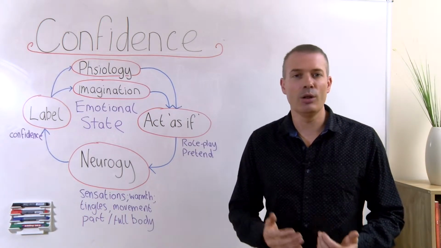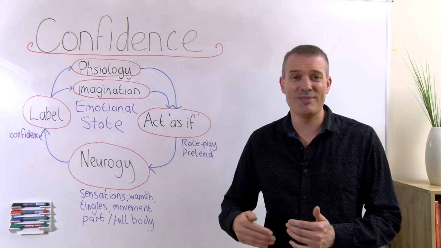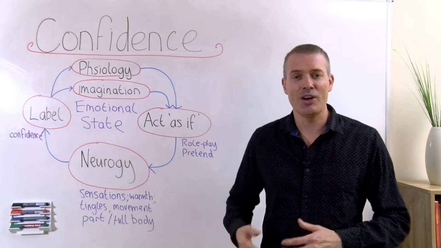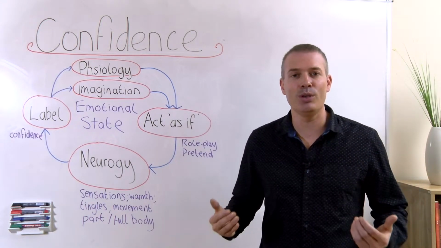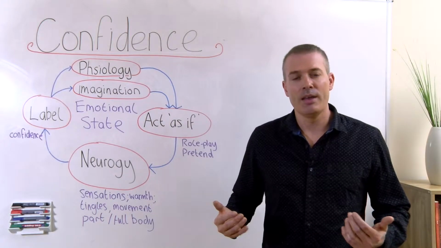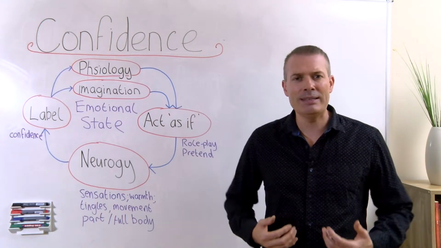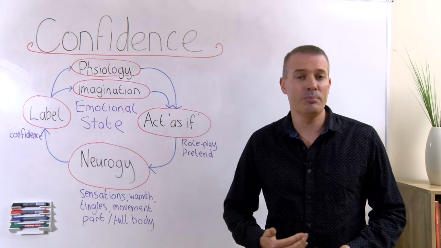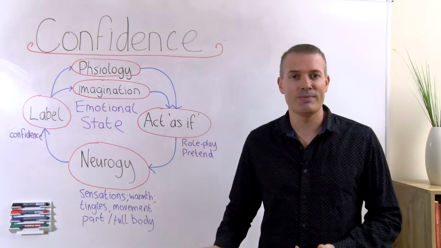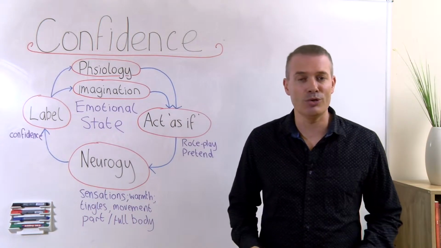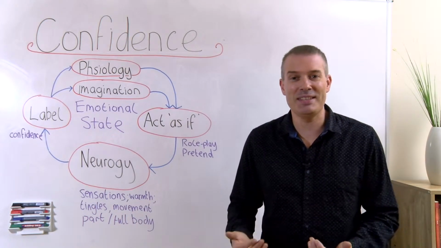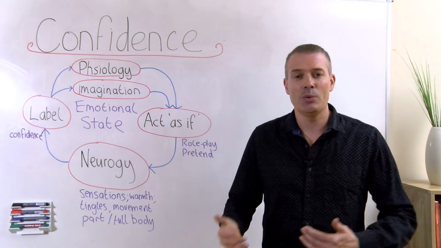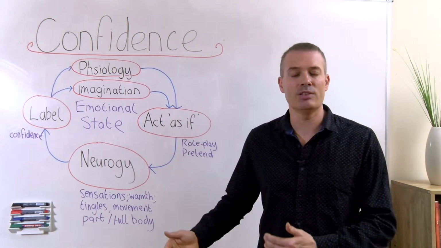Often the reason that we get locked into problems is because we don't quite have an easier solution, or we haven't quite represented it fully enough inside our mind and body. So by really representing confidence fully and completely, it gives the brain, body and mind another choice. And if that choice is more ecological, if it's more useful, if it's easier, if it's more enjoyable to do, we tend to move towards that a little bit more.